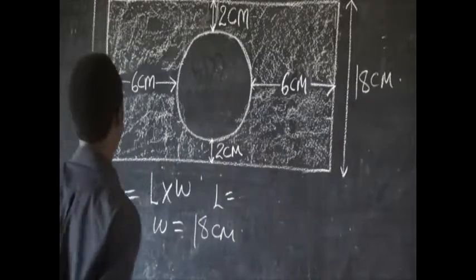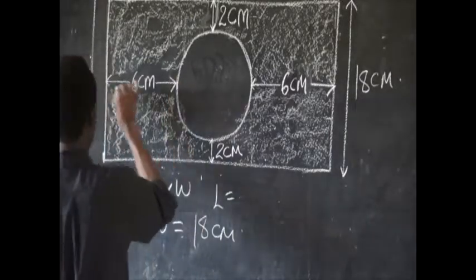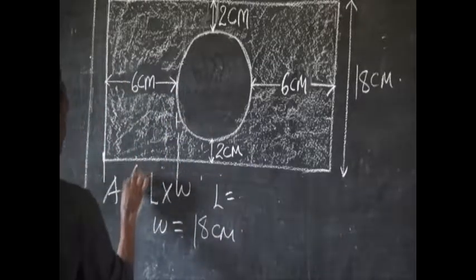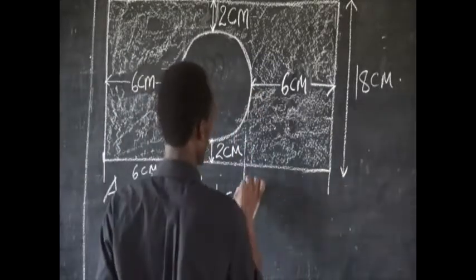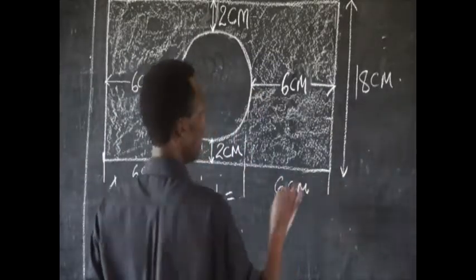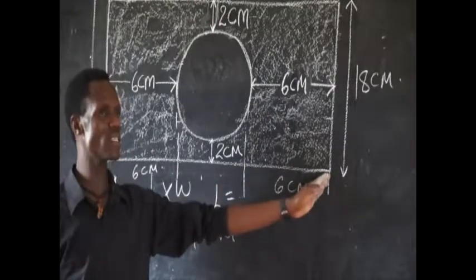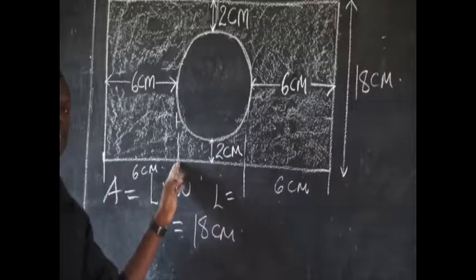Now we want to know from here up to here. From here up to here is 6 centimeters, and from here up to here is 6 centimeters.